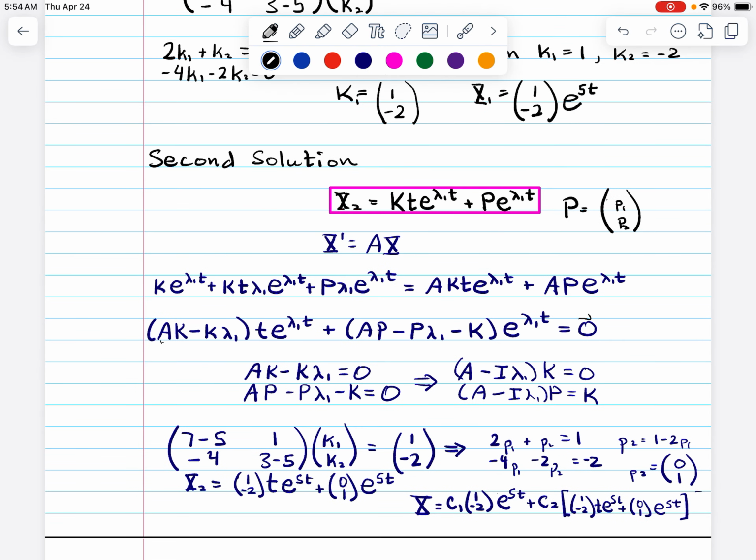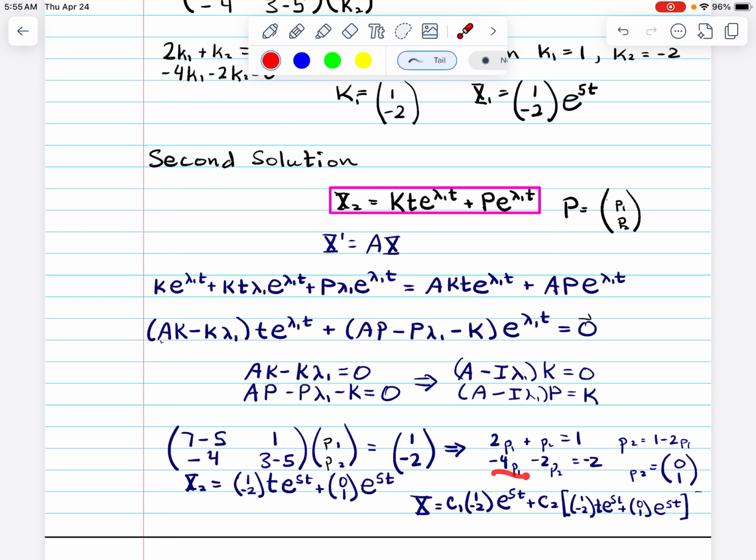Now I noticed in my notes here that I put k's there. These should be p's. Okay, p1, p2. Yeah, there we go. So now I'm going to solve this. I've got p1, p2 equals, so I'm just solving this equation right here.